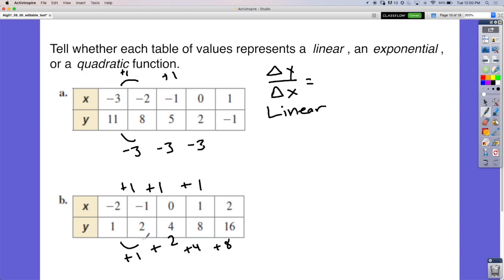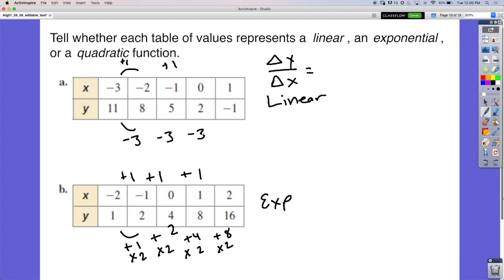I know we're also saying plus here, but it's also multiplication. So this is really times 2, times 2, times 2, times 2. So this one is exponential.